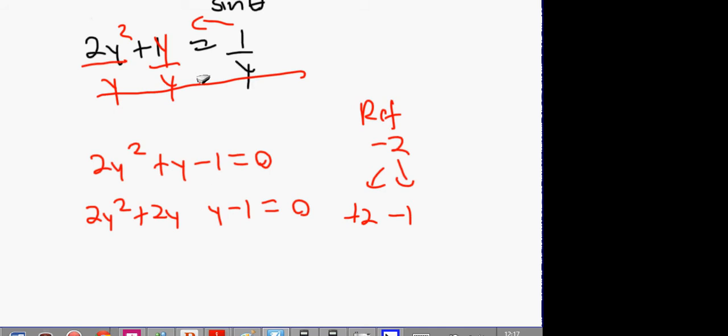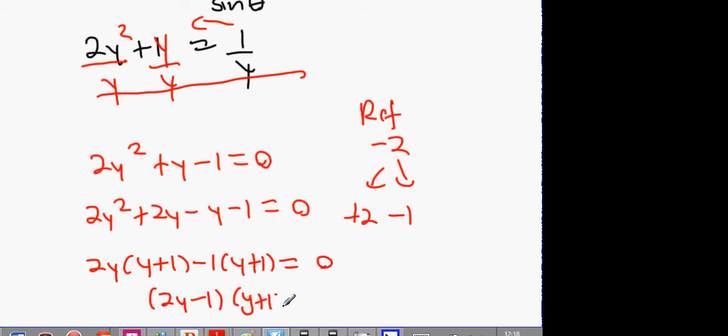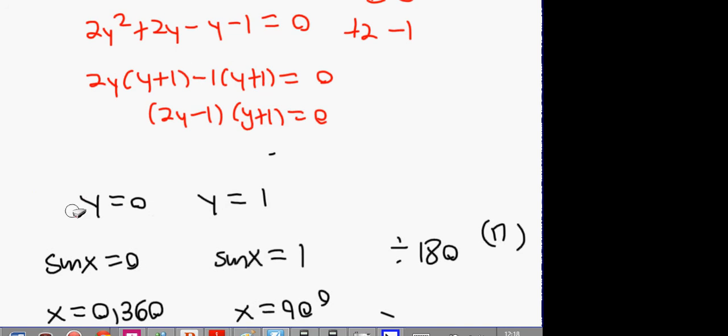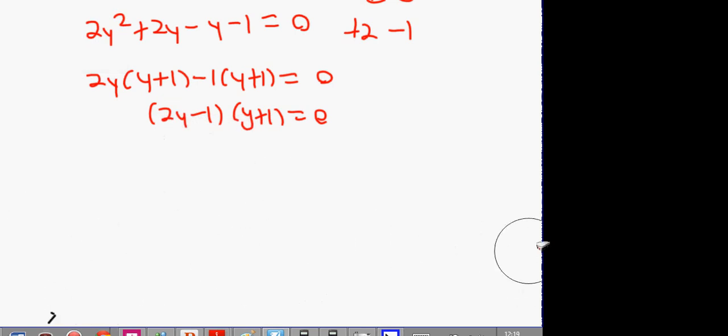And so what's going to happen here is factorize 2y bracket y plus 1 minus 1 into y plus 1 equals 0. 2y minus 1, y plus 1 equals 0. Okay. So basically y equals a half and y equals minus 1.